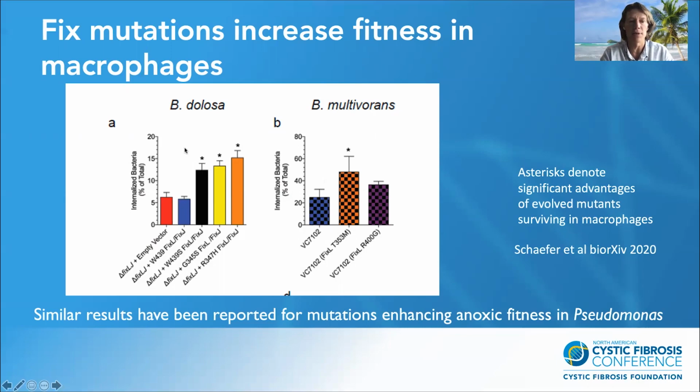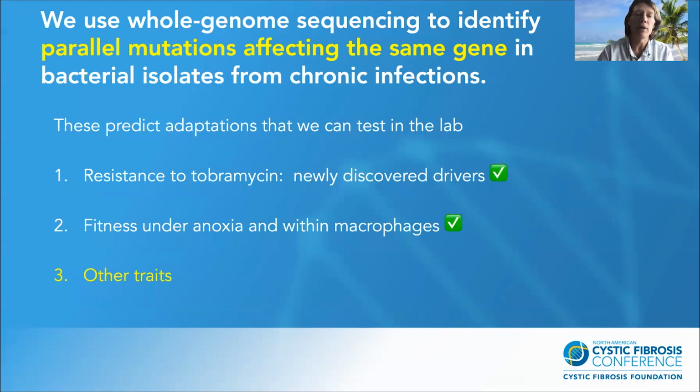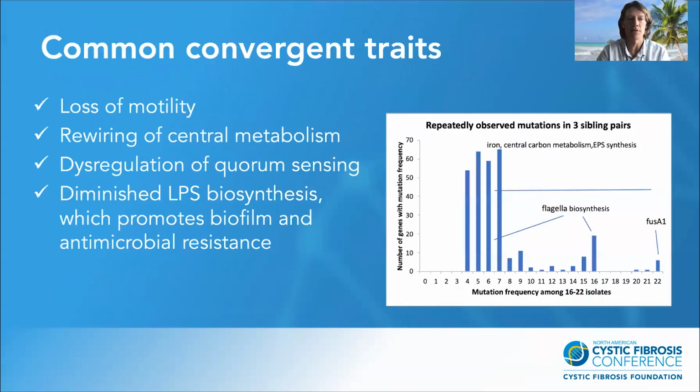So what you see here are these asterisks, effects of engineered mutations in dolosa and multivorans, and they denote significant advantages in fitness. So here again, we can use whole genome sequencing to identify parallel mutations in the same gene. These mutations are associated with worse outcomes in Burkholderia cepacia complex infections.